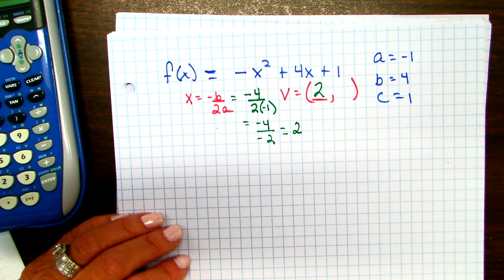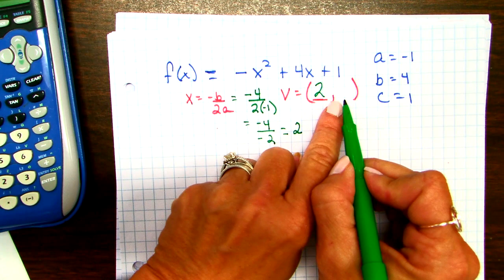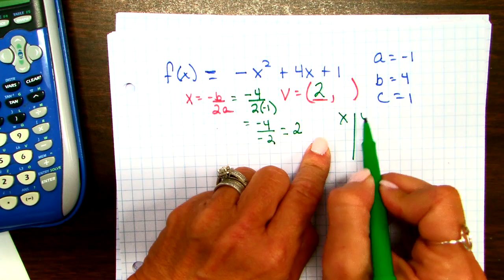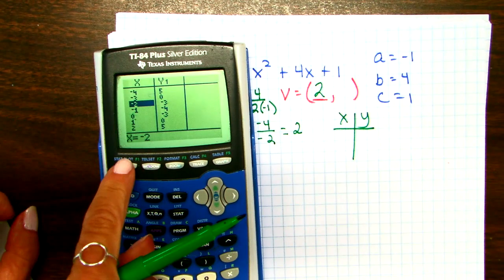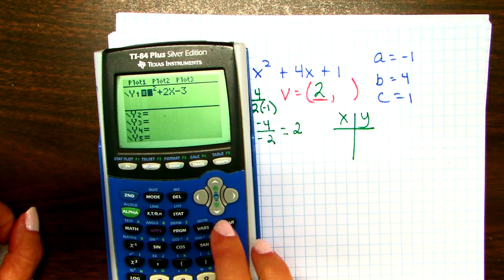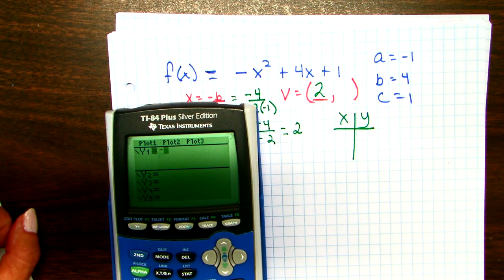Okay? Now we can do the rest in our table. By the rest, I mean the rest of our vertex, and we're going to need 2 points for an XY chart. Okay? So go back up to y equals, hit clear, and type this one in. So use your negative button, x to the second.